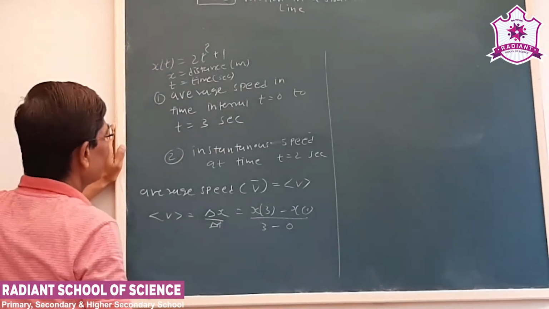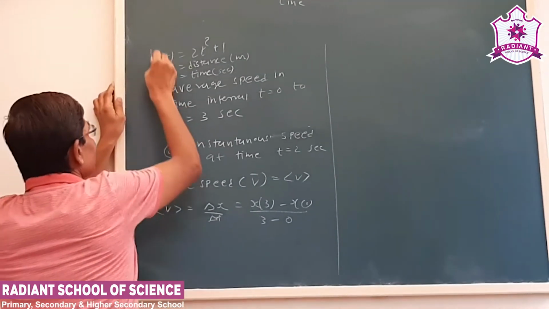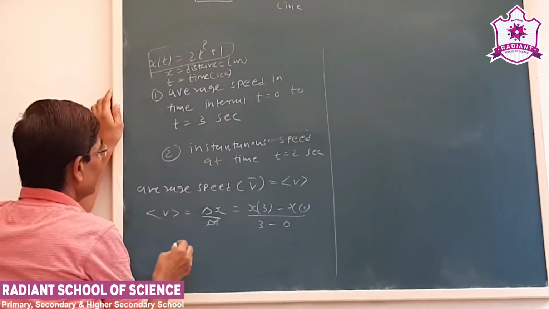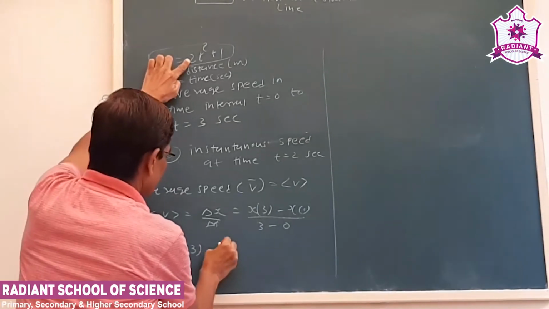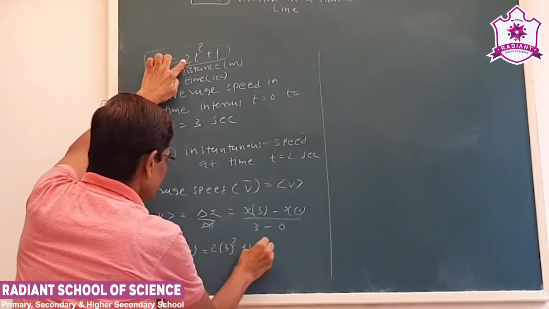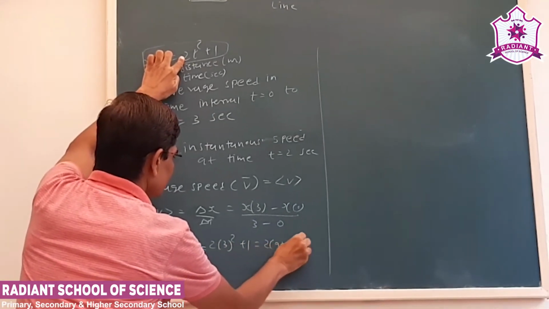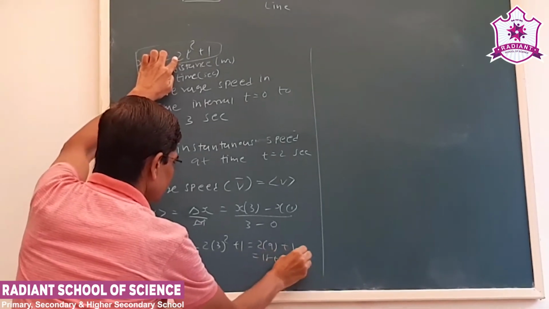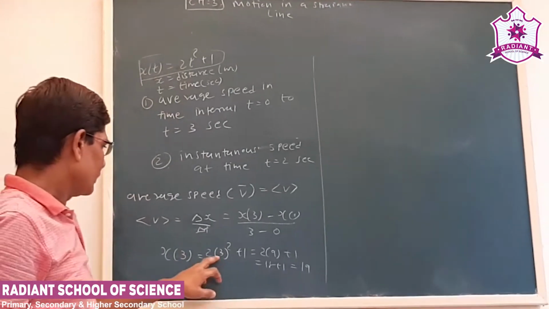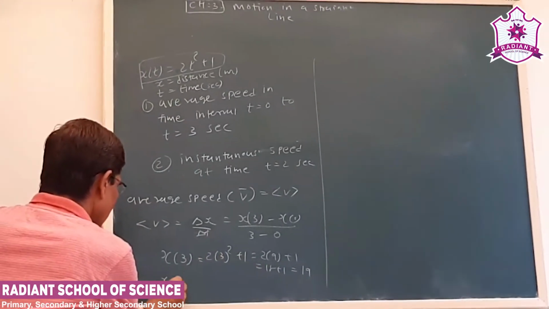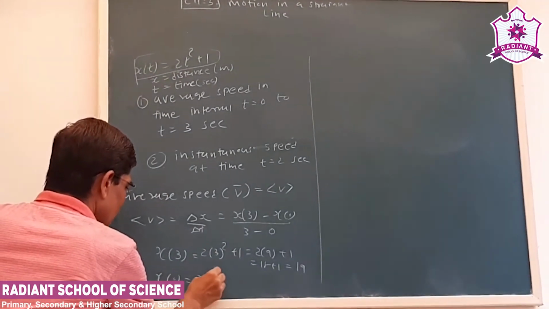Now first we calculate the position of the particle or object at 3 seconds, that is x3, if I substitute here, 2 into 3 square plus 1 is 19. Now similarly we can find x0, 2 into 0 square plus 1.